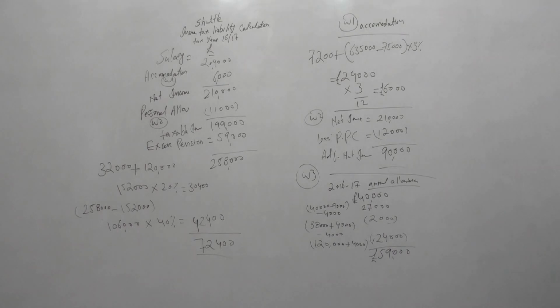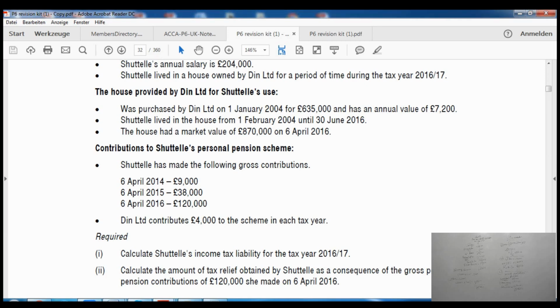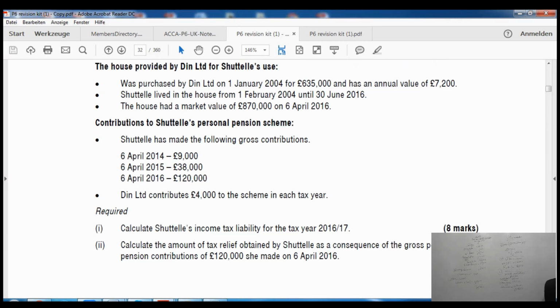Now we look at part B together. I'll just share the screen again with you so that you can look at the question again. All right. So as you can see on your screen again now, part A2. We've already calculated part A1, that is what we needed to calculate, the tax liability, and now we need to do part A2.